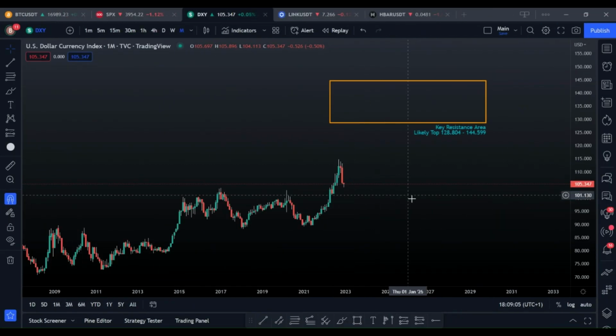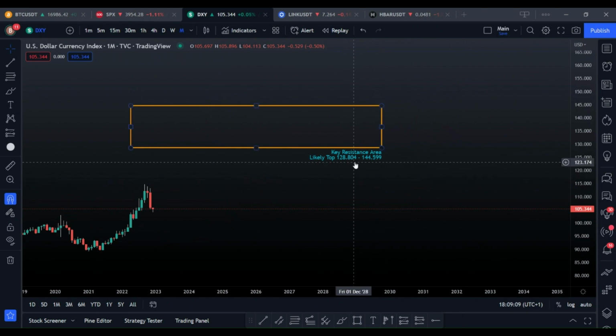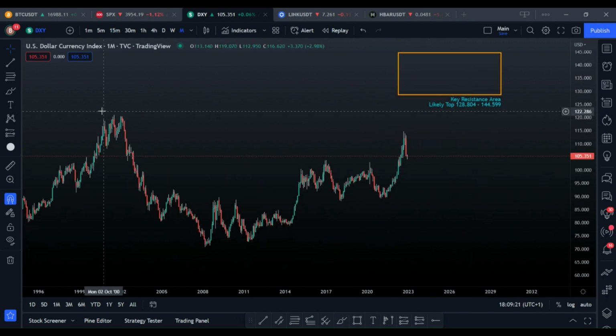Now looking at the US dollar dominance index DXY, as you can see right here, our area of interest, we have written that it's a key resistance area and a likely top between 128.8 and 144.6 roughly. And how we got that, once again, we'll demonstrate for you.